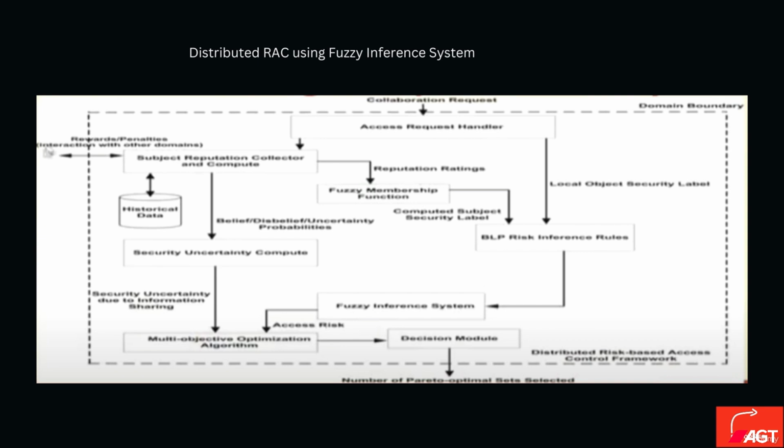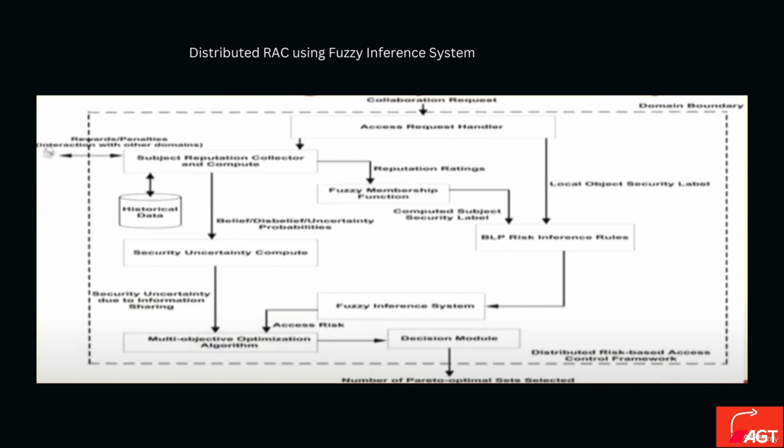By enabling dynamic policy updates based on shifting risk tolerance and security demands, the distributed framework using fuzzy inference system can also aid in enhancing flexibility and scalability in a cloud context. Also, the system is adaptable to various cloud settings, including public, private, and hybrid clouds.